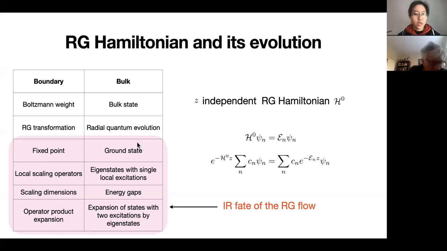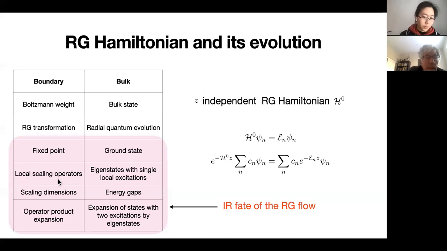Firstly, starting from an arbitrary state, the imaginary RG time evolution will always lead us to the ground state. And on the boundary, the theory would flow to the IR fixed point under the RG process. So this means the fixed point is fully characterized by the ground state of this RG Hamiltonian.